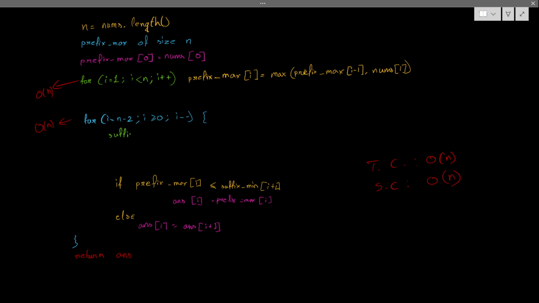Suffix min is nothing but the minimum of current min, like the minimum of nums of i and nums of i plus 1. This is a suffix min, i plus 1.